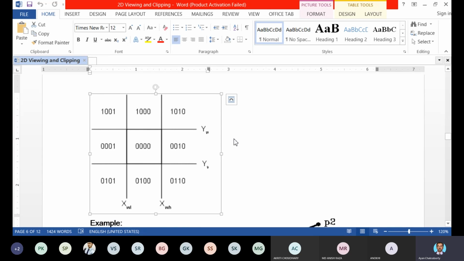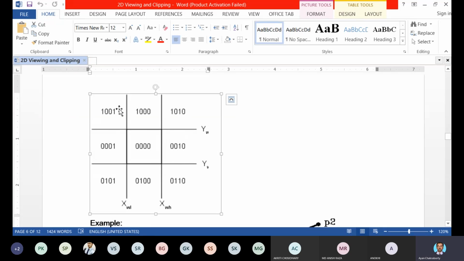If you follow this image, you will find that the total window area, or the total viewing area, has been segregated into 9 regions, just like a tic-tac-toe board.